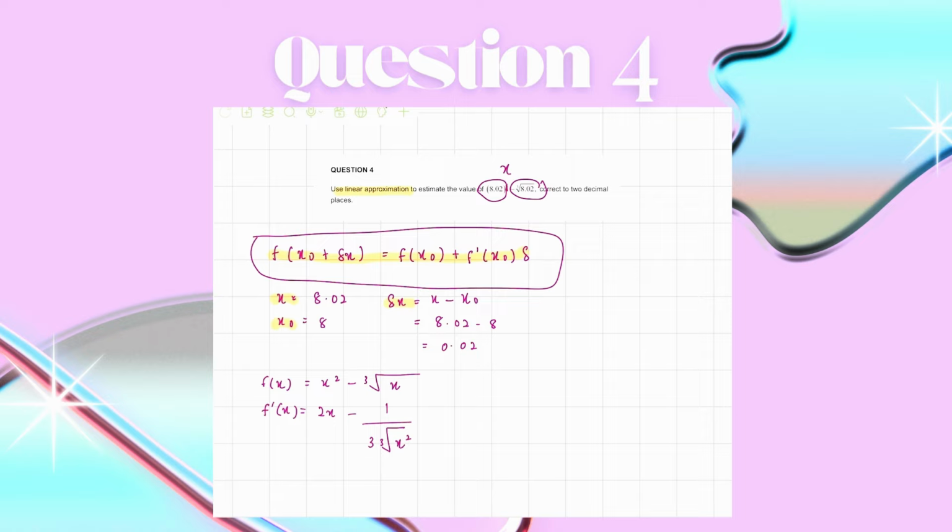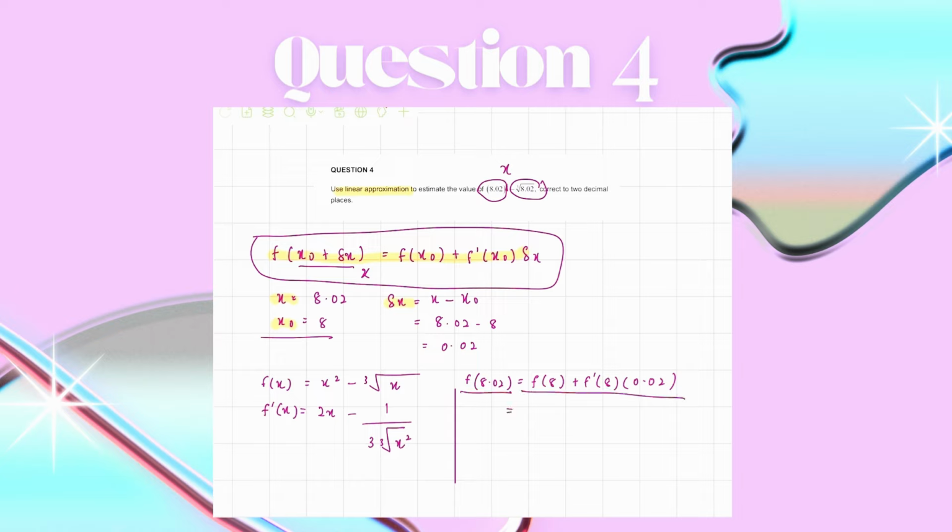So this is the value of x, because x naught plus delta x would still be 8.02, so it's the same value, and you proceed like that, which is 0.02.